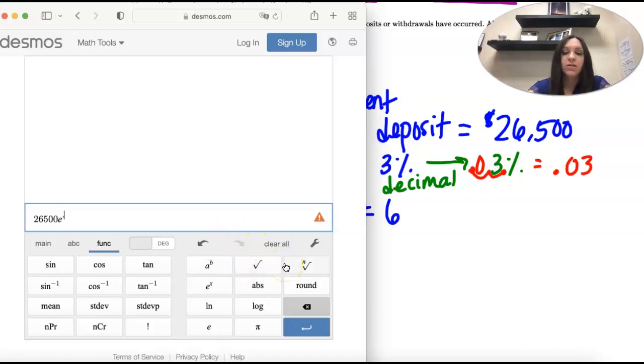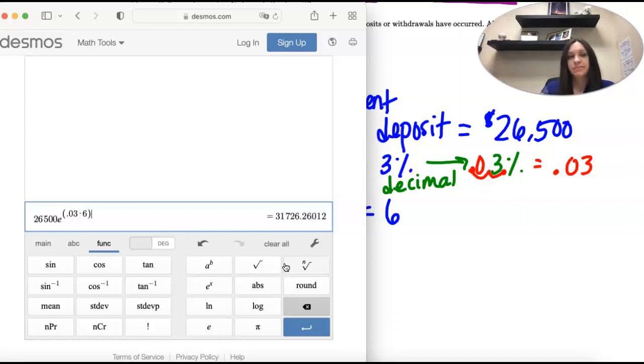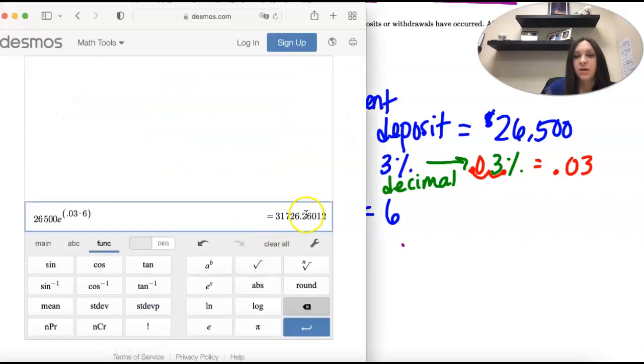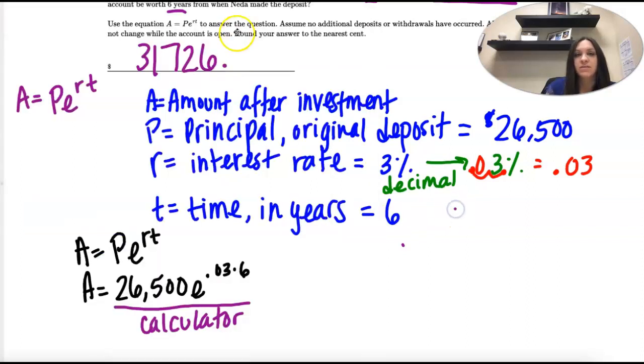And our rate is 0.03 times, oops, I'm going to have to put this in parentheses to keep it all as an exponent, times 6. So after 6 years, this is going to be our total, 31,726, and the cents would be 0.26. It's a pretty good investment.